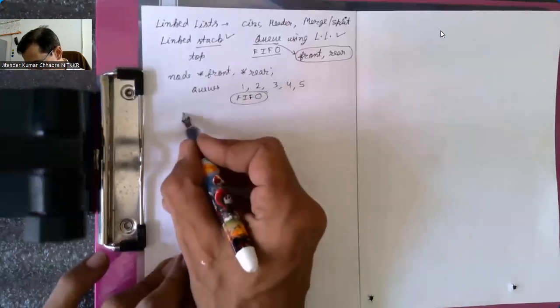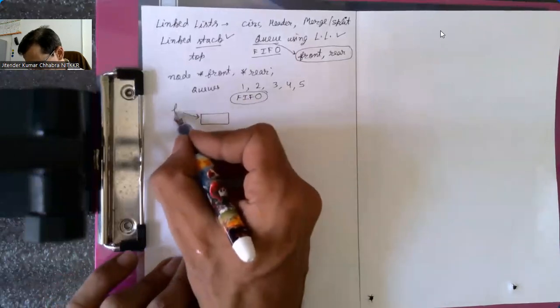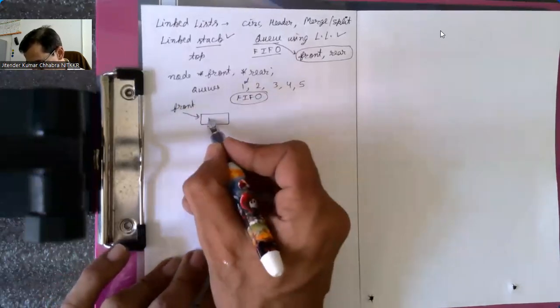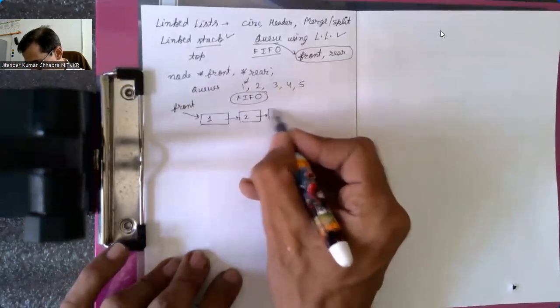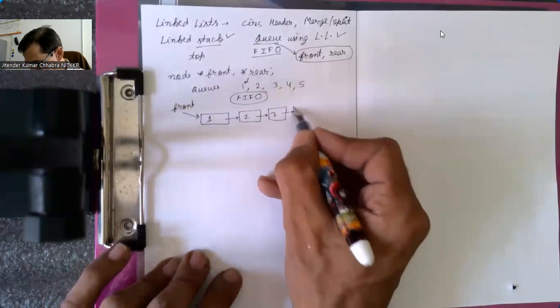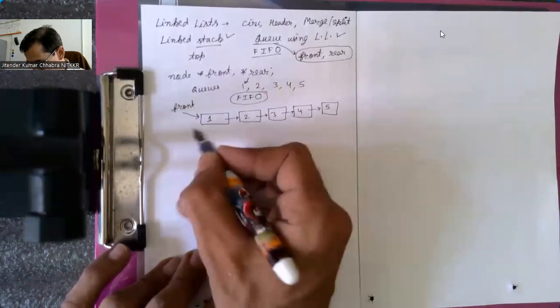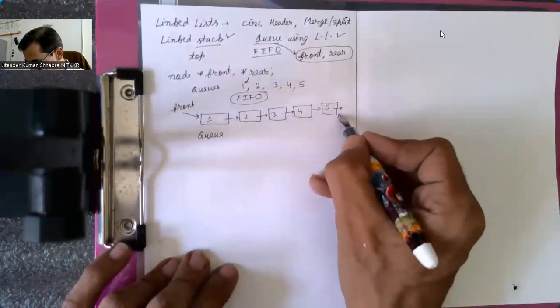My queue will appear to have front on the node which is first to be deleted, which is obviously 1, followed by 2, followed by 3, in the order they were inserted, and the last one being null.